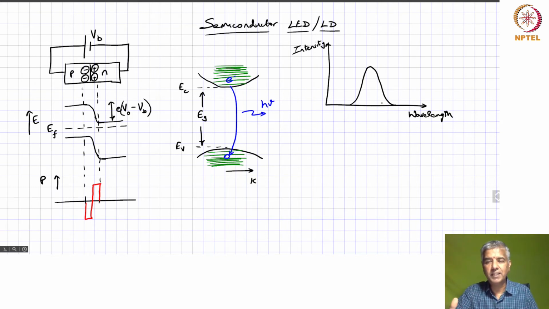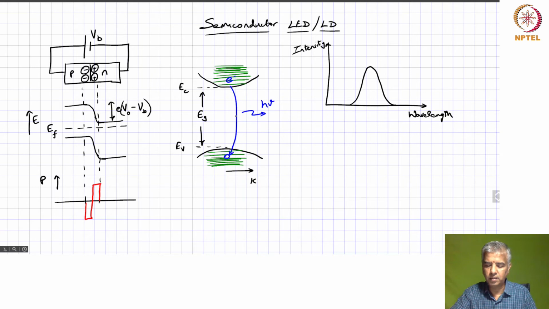It will peak such that h times nu, which is the energy of the photon that's emitted, is just a little larger than the band gap energy, right?